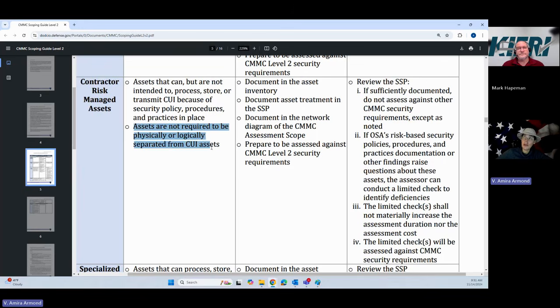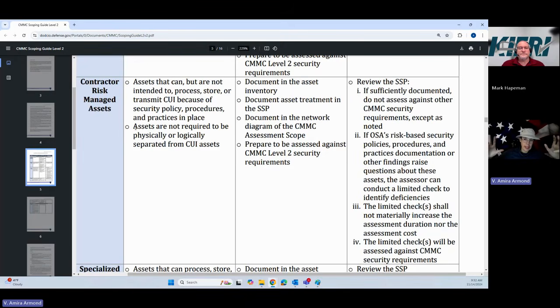So this is a pretty important point, because what this means is the DoD, and you can see commentary to this effect in the final rule, says basically, if you have something on the same network as CUI, inside the same boundary as CUI, then it has to be in scope.